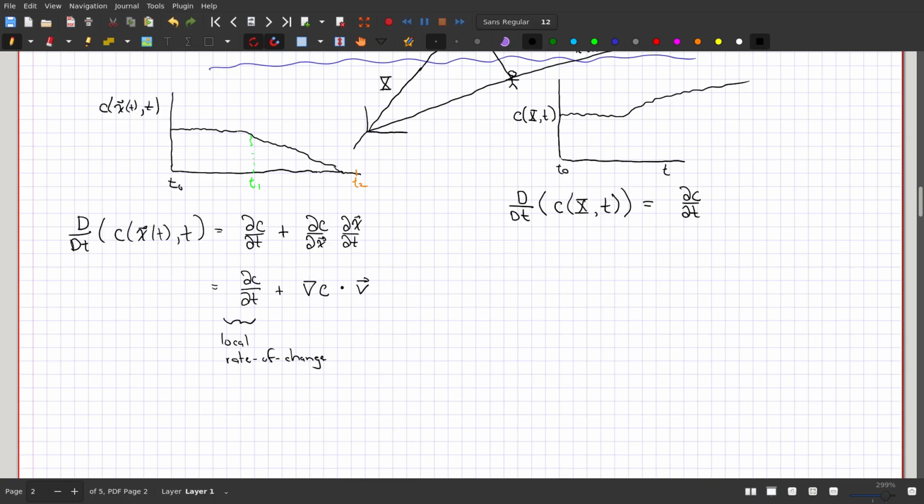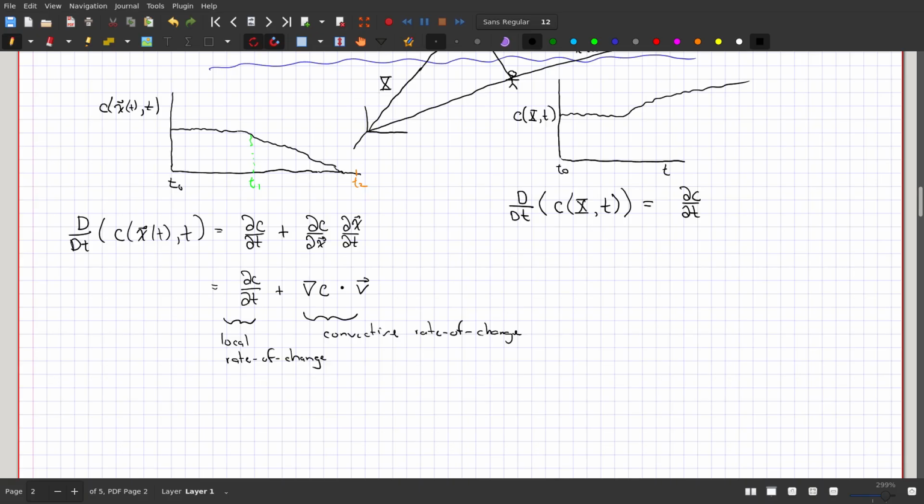If you were to freeze the boat for a second, if you were to stop the boat for a second, this is what you would measure, right? And the other term is the convective rate of change, hence why it's sometimes called the convective derivative, right?